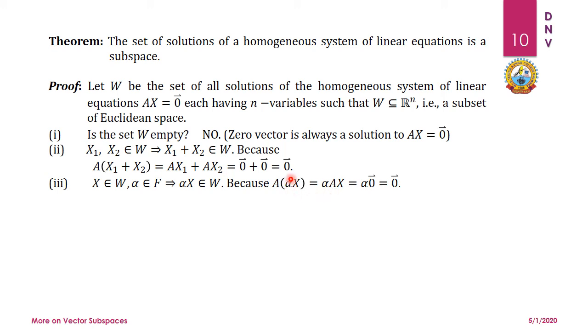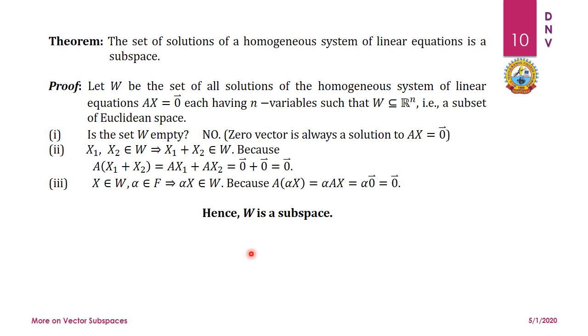Because you very well know that any scalar lying within the product of two matrices can move freely to either the left hand side or the right hand side. So it is better I take it to the left hand side and write alpha Ax, but Ax is given to be 0, so I can write alpha into 0 equal to 0. So this is the proof for the third axiom which the set W must satisfy.